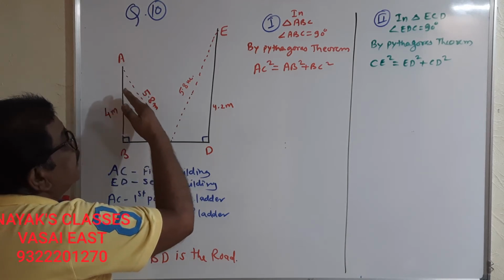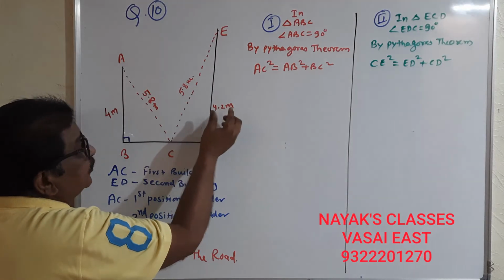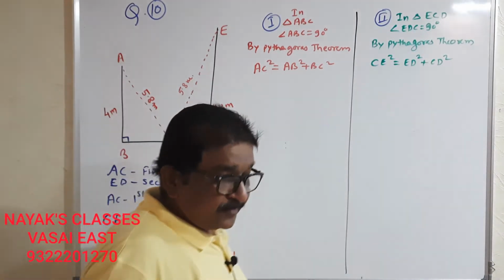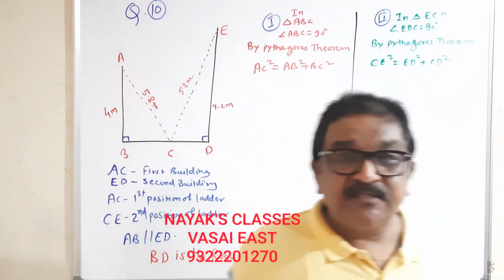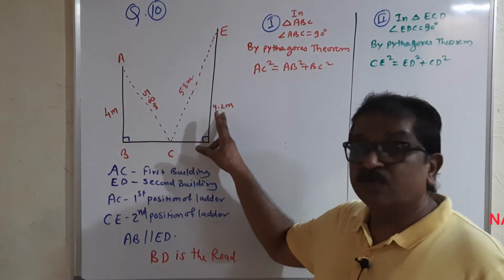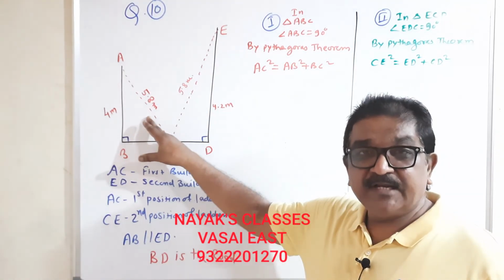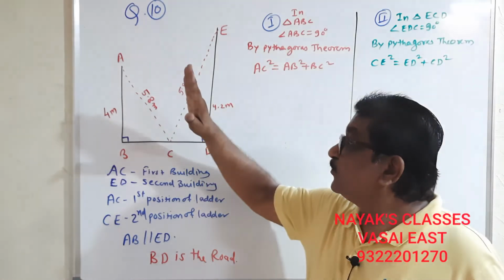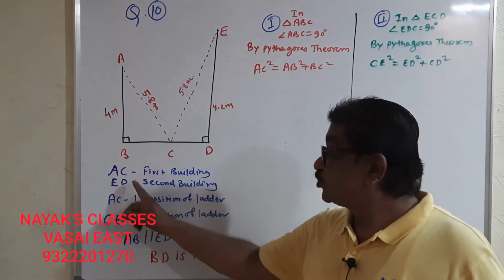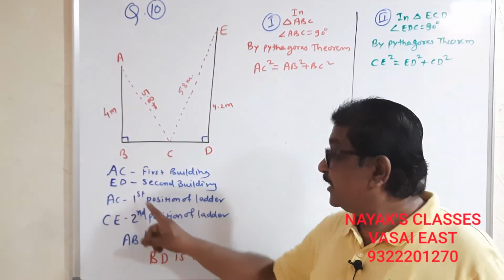And again the ladder is taken to the second building, whose height is 4.2 meter. So the conclusion is, there are two buildings having heights 4 meter and 4.2 meter. One ladder of 5.8 meter length is put first to the first building and then the second building.